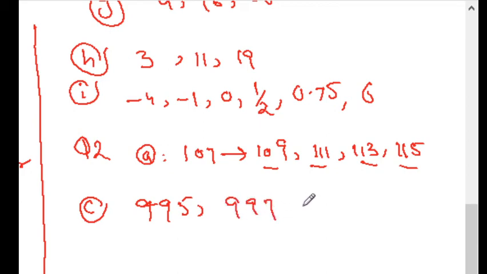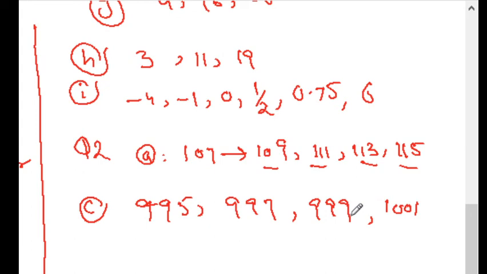Then 999. We cannot divide these numbers by 2, so they are odd numbers. So 997, 999, and similarly here 1001. Check these numbers, you will not be able to divide them by 2.